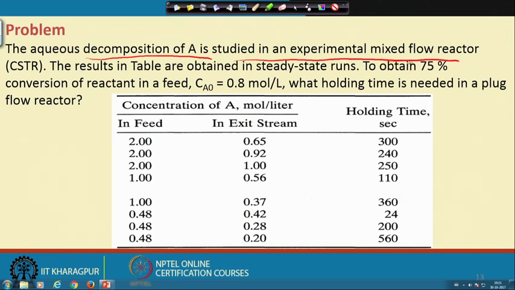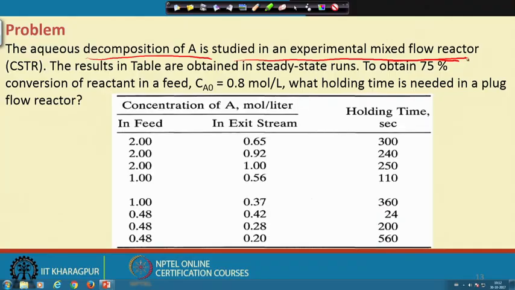Now, here I want to tell you one thing, that CSTR can be expressed in different ways. CSTR stands for continuous stirred tank reactor, sometimes we call it a mixed flow reactor. Also, when it is used in biological systems, we call it a chemostat.